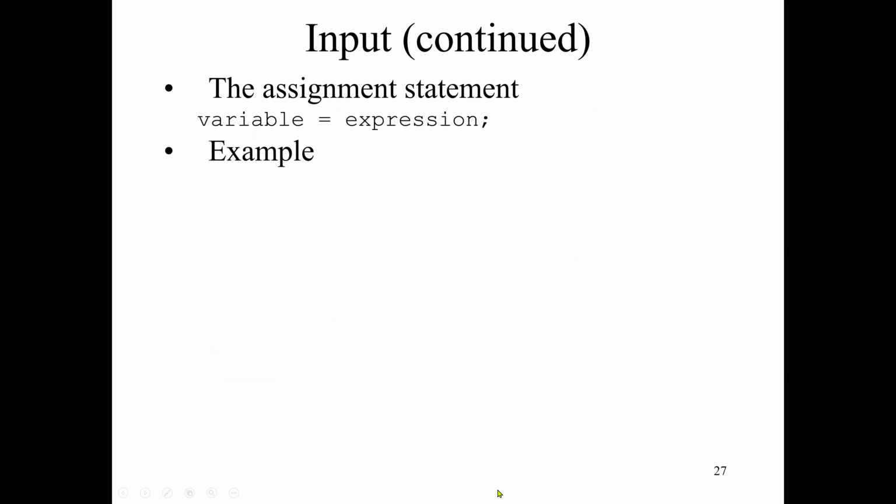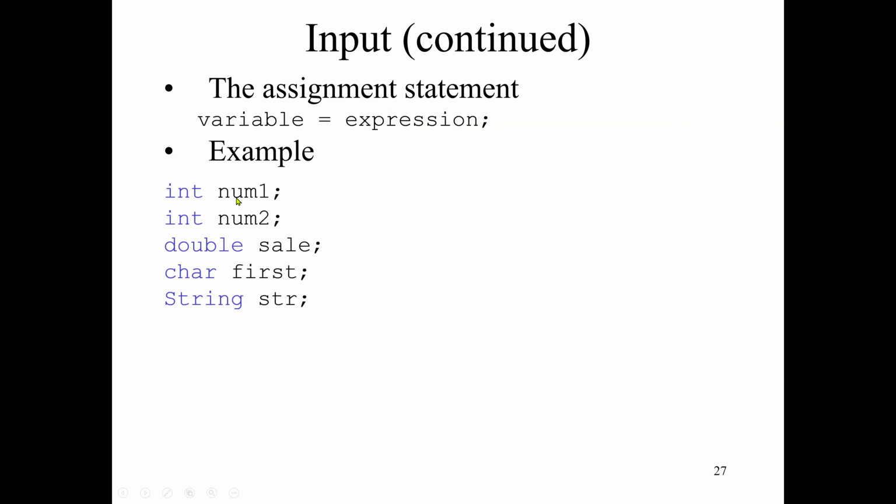We can also use the assignment operator to assign a value, as we saw with a constant variable. So the syntax is the expression, which we assign to the variable. The variable is like the memory location. Whatever expression I have, whether a value or formula, I'm going to store it in a variable.